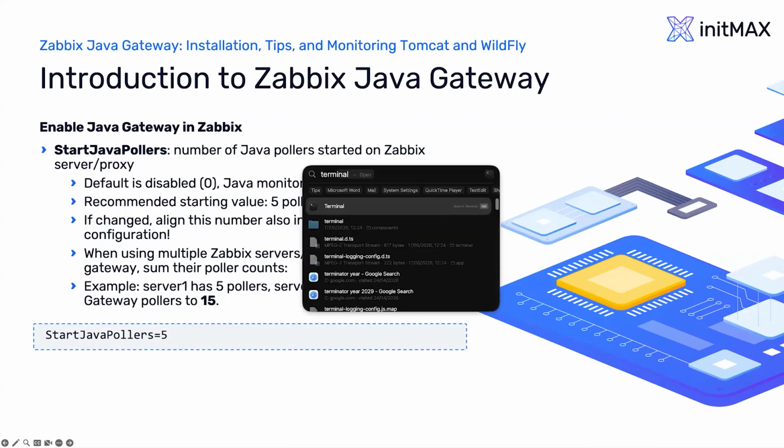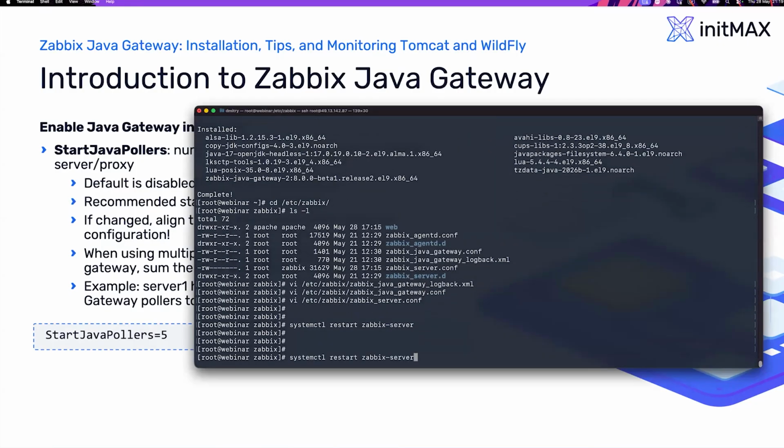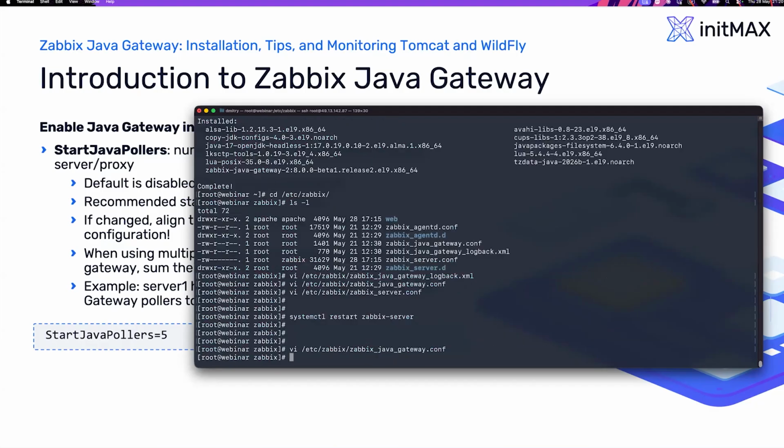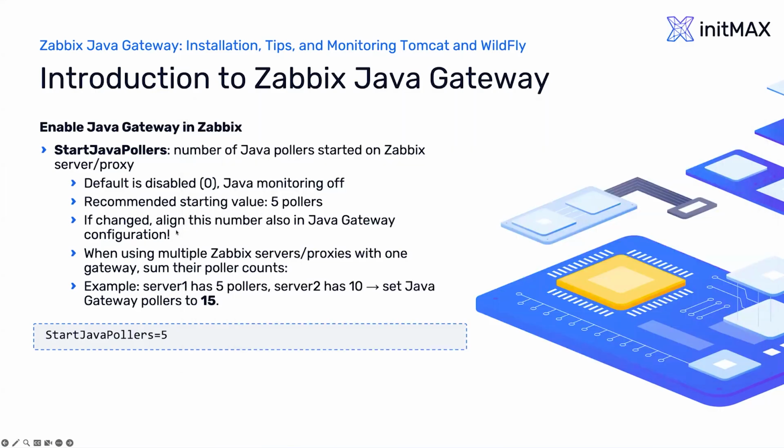The main idea why I said we need 5 is because if we check the Java Gateway config file, here is start pollers. These are the processes that Java Gateway will spawn, and these processes will monitor the Java application directly. By default, we have 5. The rule of thumb is that on a Zabbix server, we should have as many processes as we have on a Java Gateway.